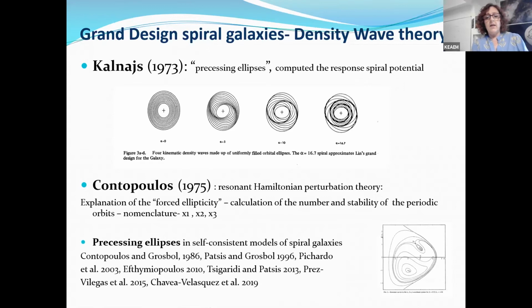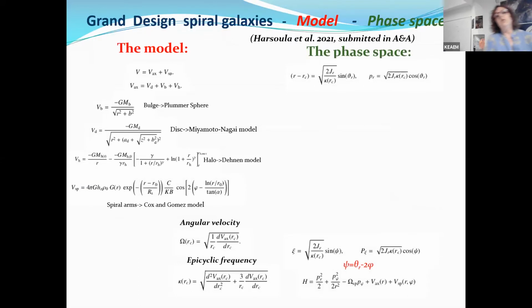And from there on, many n-body simulations and self-consistent models have been able to solve these precessing ellipses in 2D or 3D models. In a recent study of ours, submitted to Astronomy and Astrophysics, we use a spiral galactic model in order to study these precessing ellipses and study the free parameters, to try to find some correlations between them.